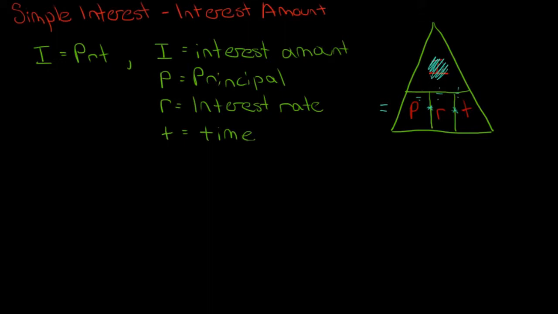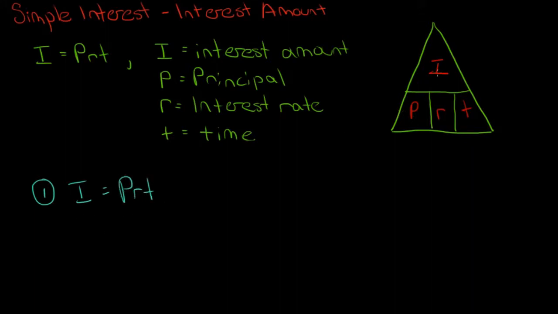So if we don't know our I, but we know our PRT, we could just cover up the I section of the triangle, and then we look down here where it's PRT and they have vertical lines in between them. That means we're going to multiply. So that gives us the equation I equals PRT.